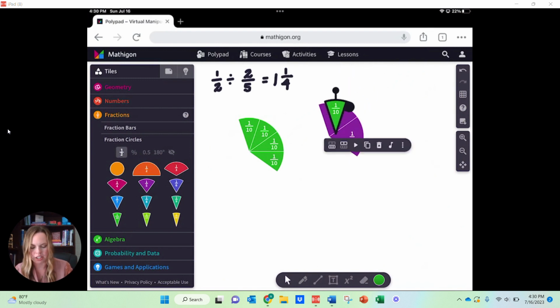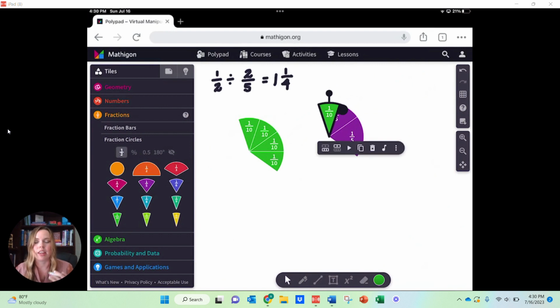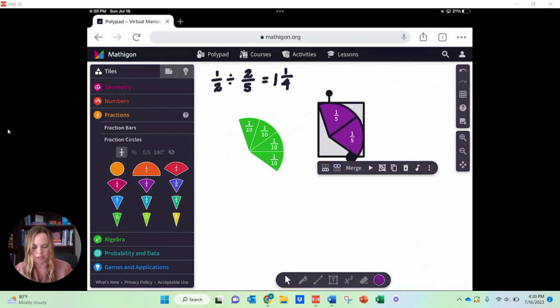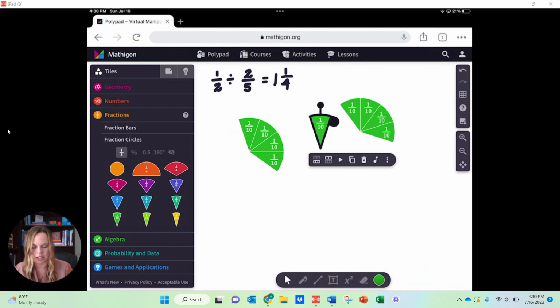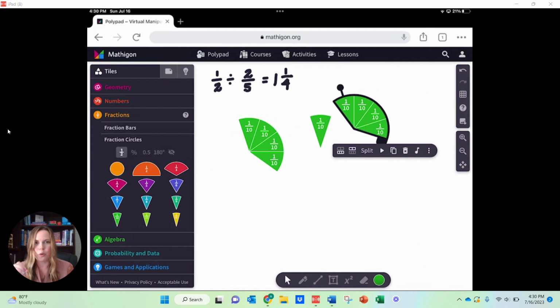What fraction of 2/5 is 1/10? And that's how I say my answer here. So again, I renamed these 2/10 to see that it took 4 of these tenths to complete the 2/5, and so therefore it's 1/4 of the 2/5.